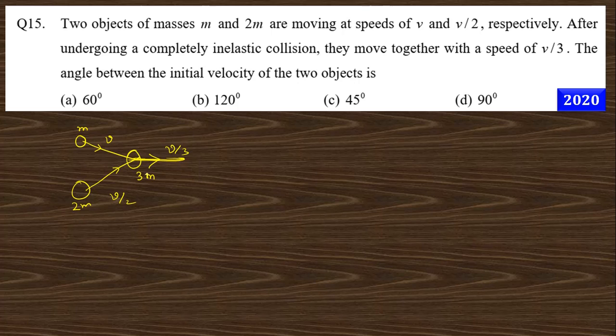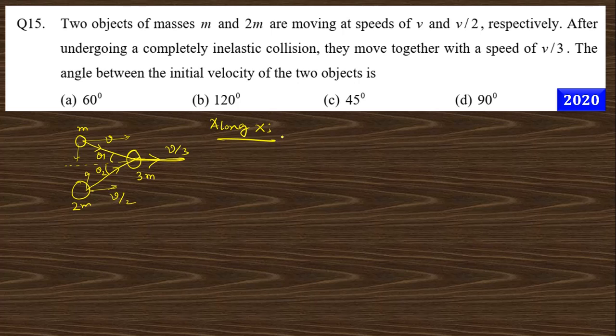Okay, so if you consider that the angle is theta 1 and this angle is theta 2, then along the x direction, the momentum conservation law says the component of this momentum, these two components along that direction, will be equal.